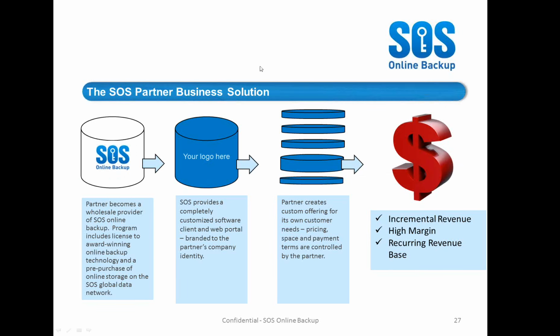Okay, so we've seen this slide before, but just reminding you, the goal here is to take all the technology I just described, then run that through your business, put your logo and your marketing on top of that, develop a bunch of custom product offerings that match your businesses or your service streams that you're already offering to your customers, with the goal of helping you drive incremental, high-margin, recurring revenue.